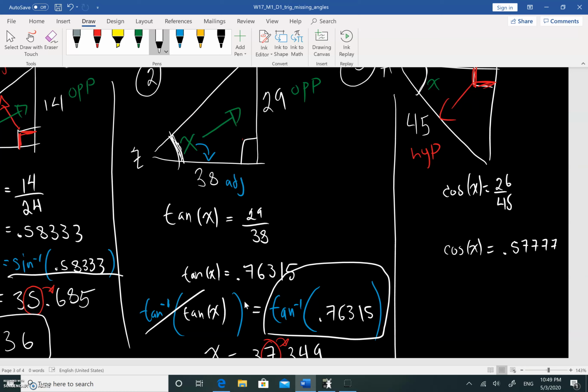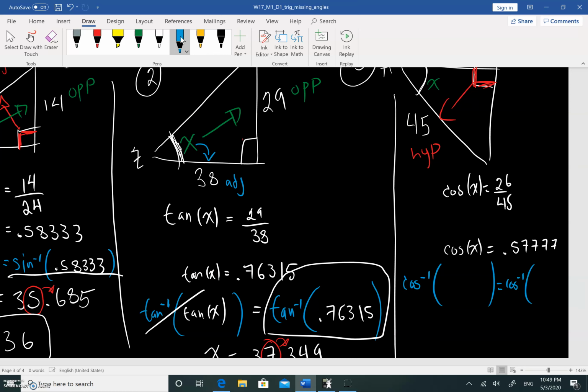How do I get rid of that cosine? What do I have to do to both sides? This is the inverse, right? So cosine to the power -1 is equal to cosine to the power -1. I don't think it's going to fit, but I'll try my best. Cosine of x goes here, and 0.57777, and these two are going to cancel out because they're inverse.